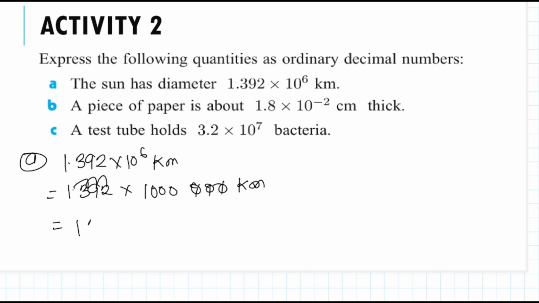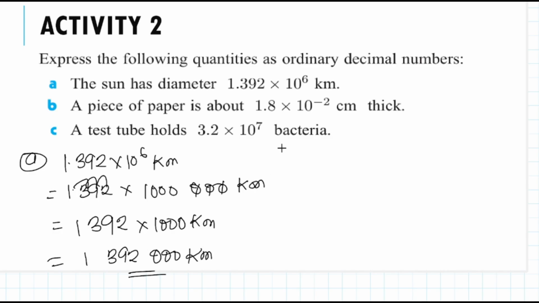Okay, and that will be 1392 multiplied by 1000 kilometers, and that will be 1,392,000 kilometers. So this is how you can change from standard form to ordinary form. You use a simple multiplication.